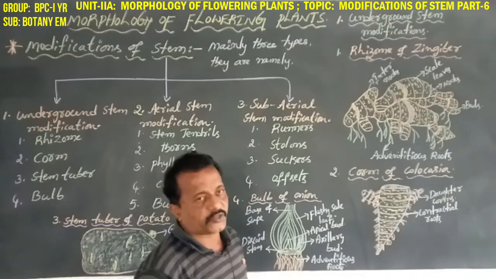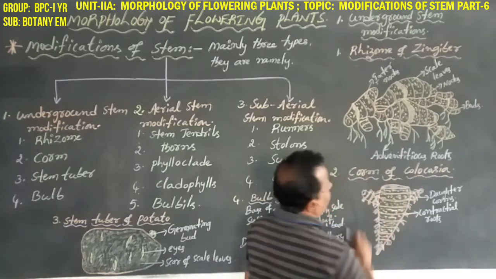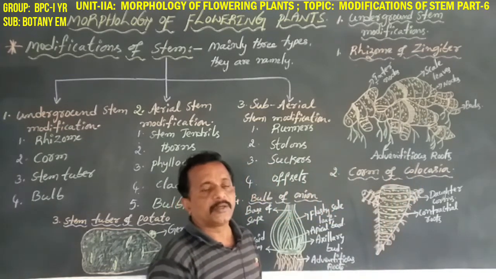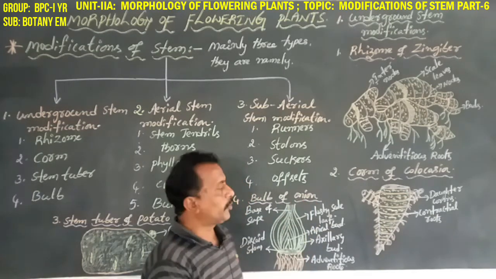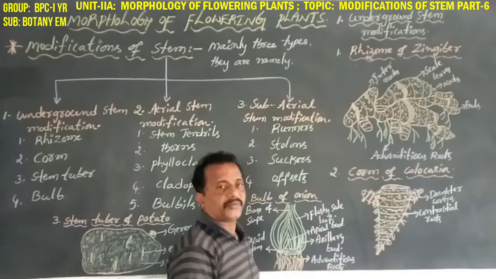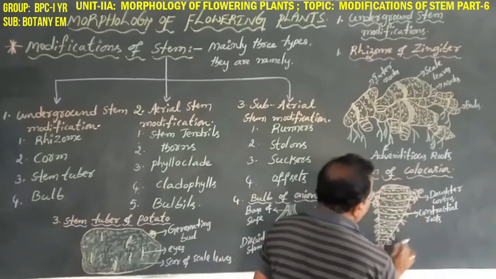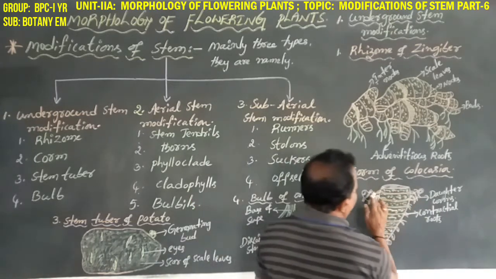This is the rhizome, the first one. And the second one is the corm of Colocasia. Corm, the best example is Colocasia. So dear students, this is a corm of Colocasia. It is an underground stem modification and it is unbranched.